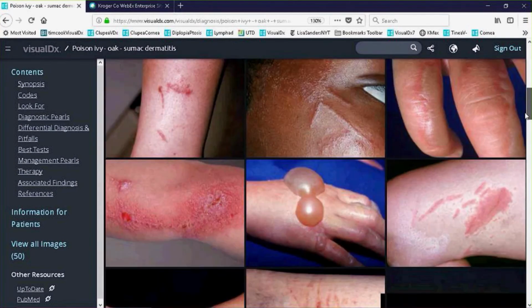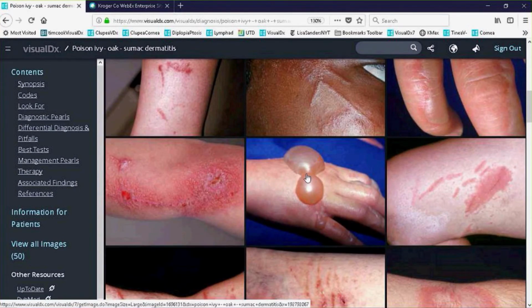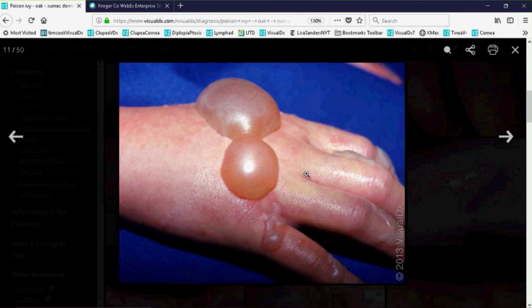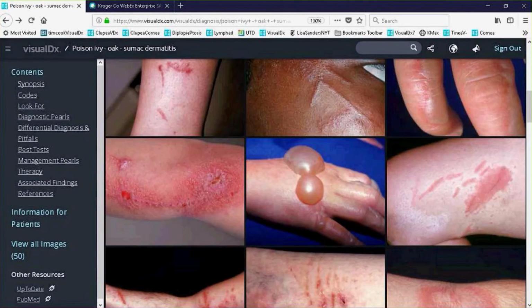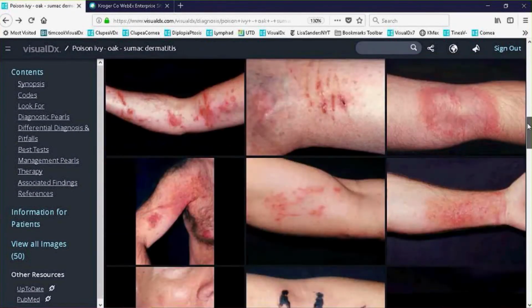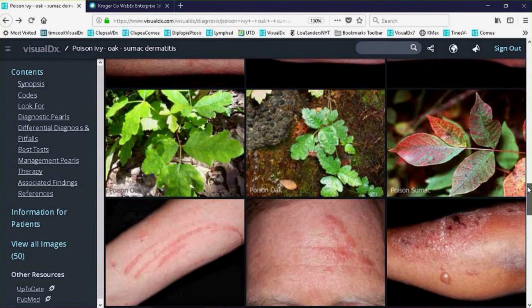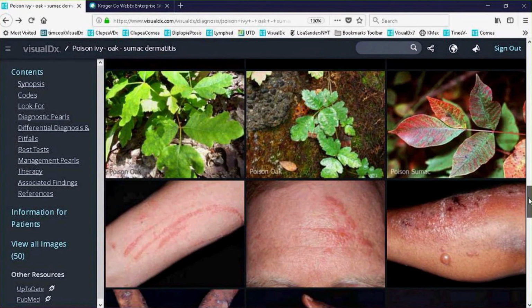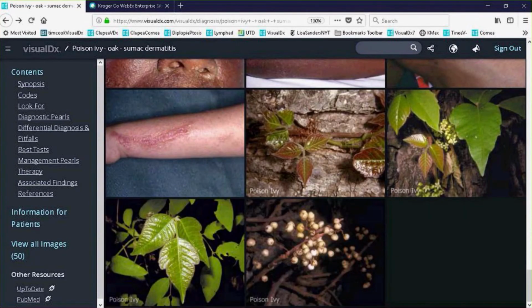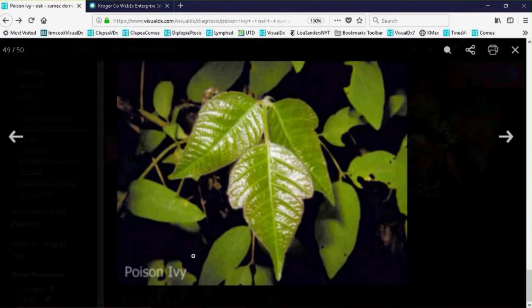So in seconds, they had a picture up in front of the patient showing, yes, poison ivy can cause large blisters. And then the physician just paged down, and you'll see there's pictures of poison oak and poison sumac, and at the very bottom, pictures of poison ivy.